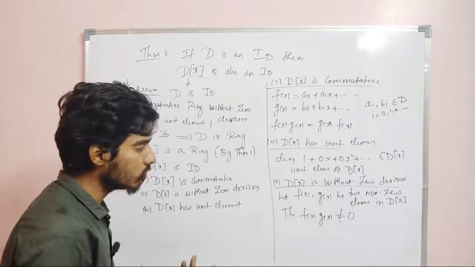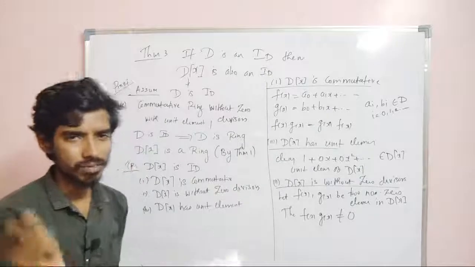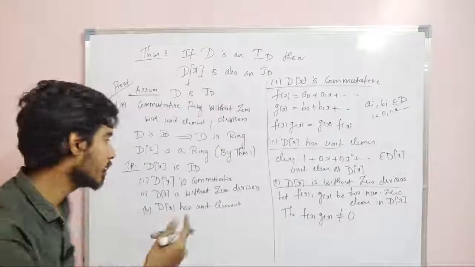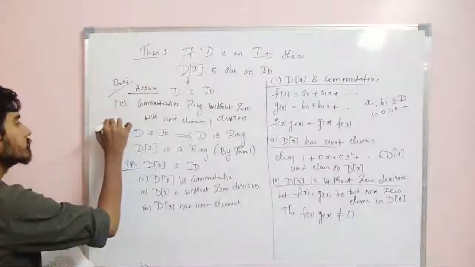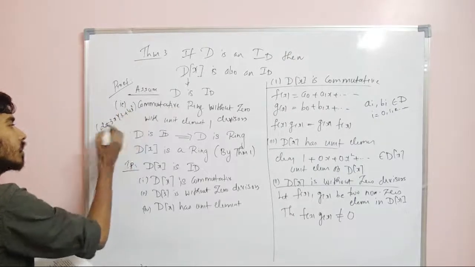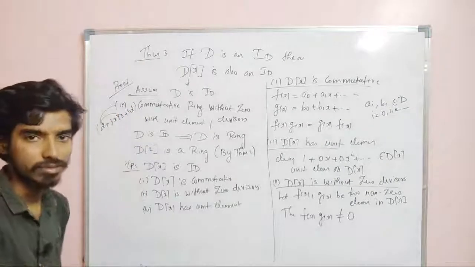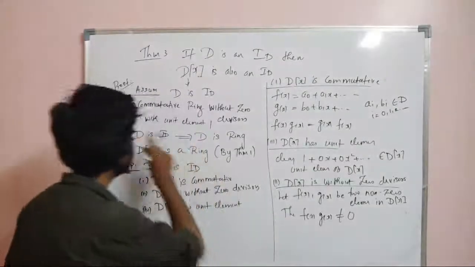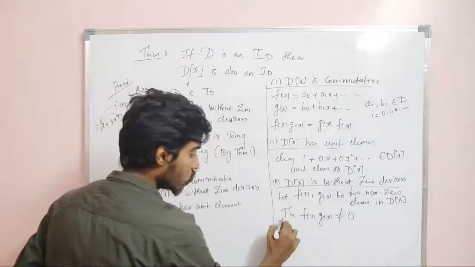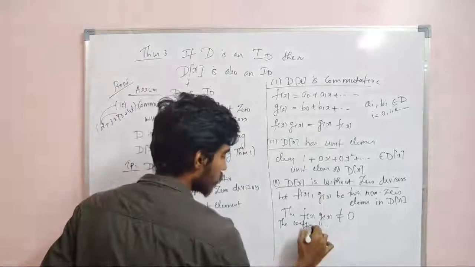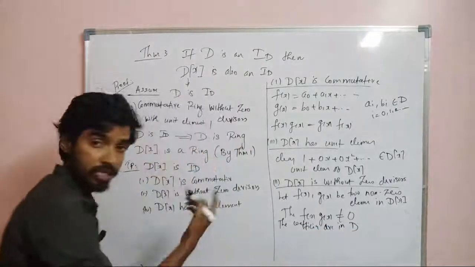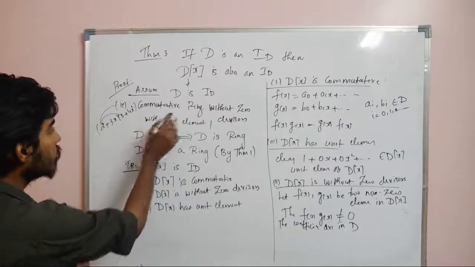You have to be very intuitive, right? If you are multiplying two polynomials, what we are doing is just multiplying the coefficients, for example 2 plus 3x into 3 plus 4x square. The product cannot be 0, since the coefficients here are in D, and D is an integral domain by assumption.